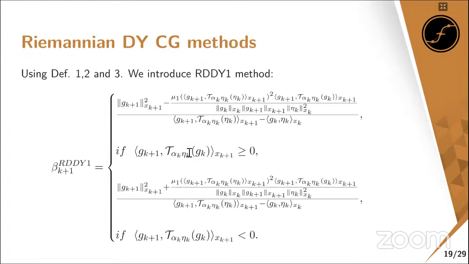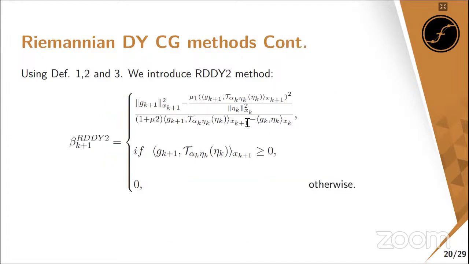So applying these definitions, we can now generalize the parameters proposed by Zhu et al. in 2020, that is DDY1, onto Riemannian CG parameter like this. So also the second parameter can be extended to CG parameter in this form.